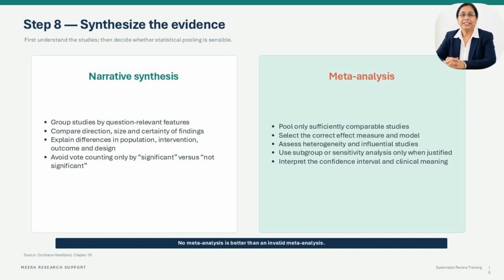The team must select an appropriate effect measure, model, and method. Examine heterogeneity and perform only justified subgroup or sensitivity analyses. Statistical pooling is not a compulsory sign of quality. An invalid pooled estimate can be more misleading than a transparent narrative synthesis.